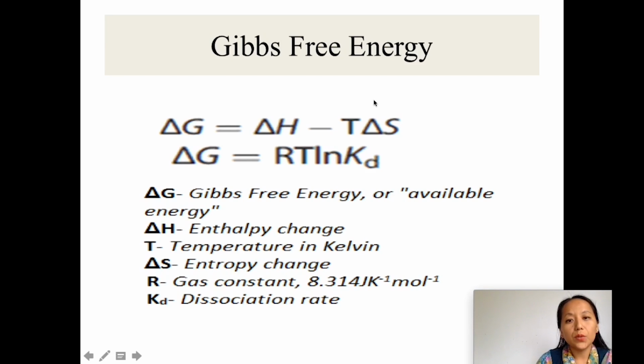So only at low temperature will delta G be negative, which means the adsorption process is spontaneous. There will be a point when delta H becomes equal to T delta S, and at that time the Gibbs free energy value will be 0. That point is called adsorption equilibrium. So that is about the Gibbs free energy involved in the adsorption process.